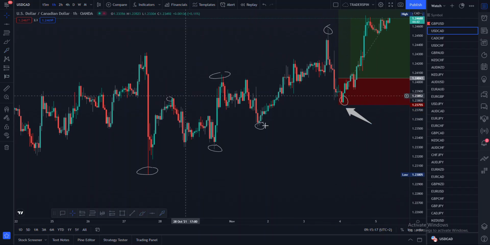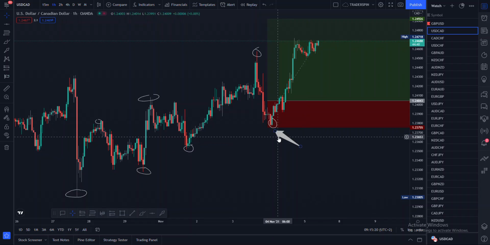The signal was sent in the VIP group. This is the only trade we took yesterday, I think. And the market structure is beautiful, right?